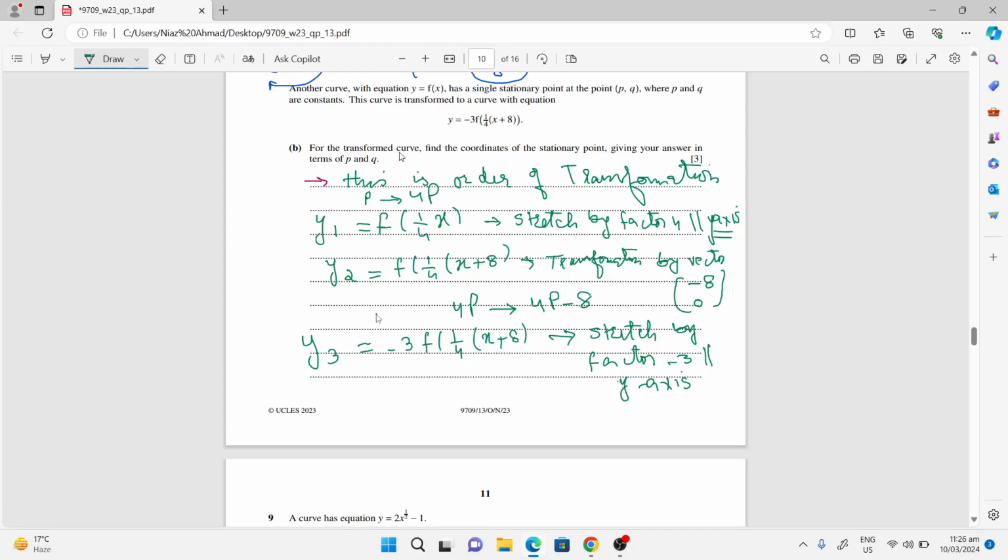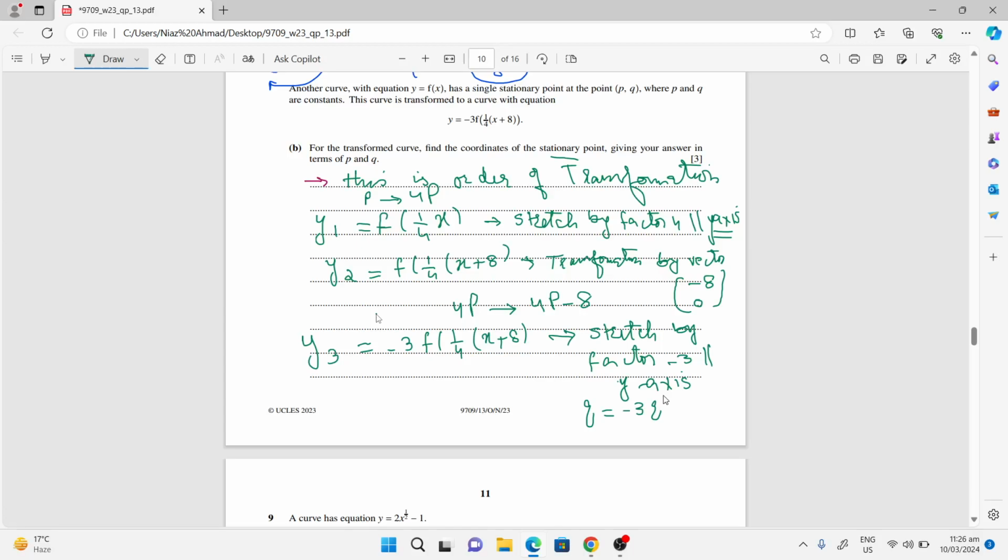Look, for the transformed curve, find the coordinates of the stationary points, giving your answer in terms of P and Q. So now my Q is negative 3 times Q. This was the last transformation that has been applied to the function.